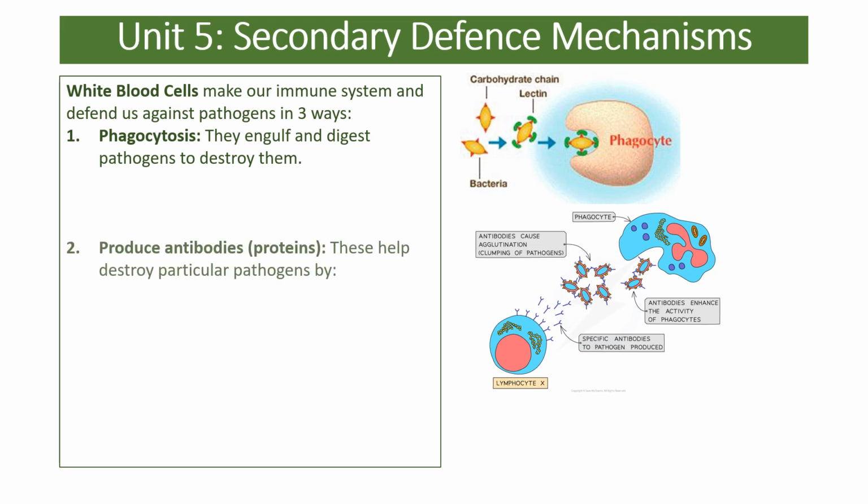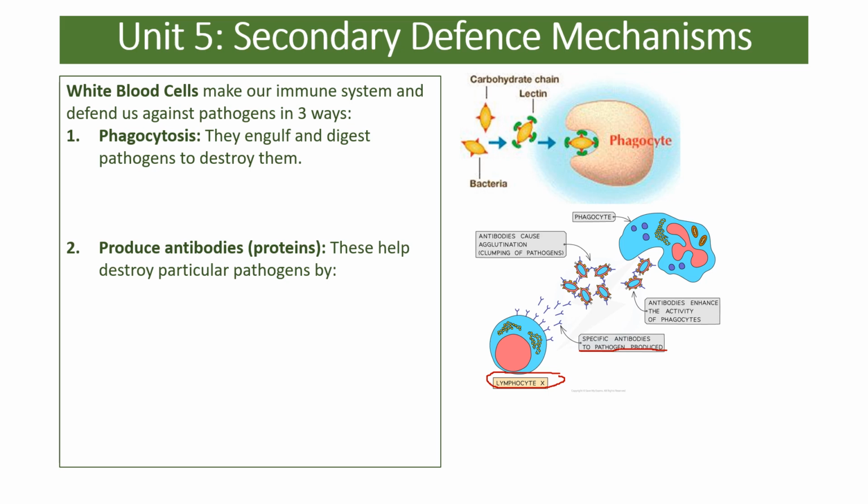The second thing that the white blood cells do involves something called a lymphocyte. That word is there for you if you want it. The lymphocyte produces antibodies that are specific to a particular pathogen. For example, if you caught measles, your body hopefully would eventually produce measles antibodies to destroy the measles virus.